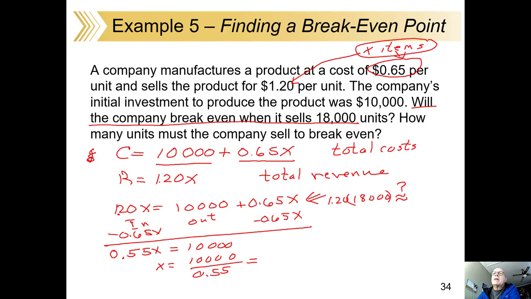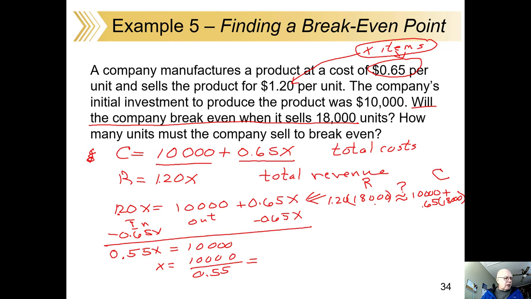And question mark here. Remember, this is the revenue. It's going to be the cost over here. And the cost is 10,000 plus 0.65 times that 18,000 items that we had to buy to bring into our store. Now you can't see what I'm doing, but I'm grabbing my calculator to find out what that is.